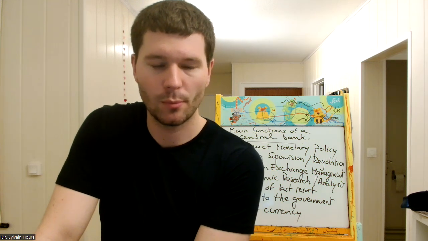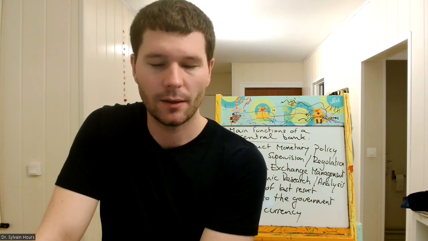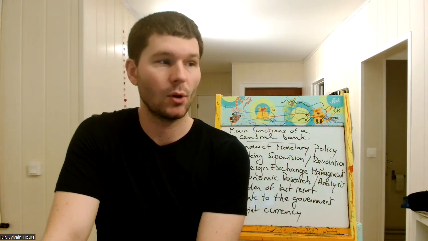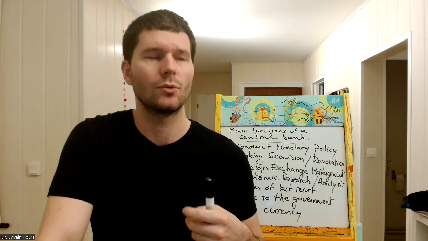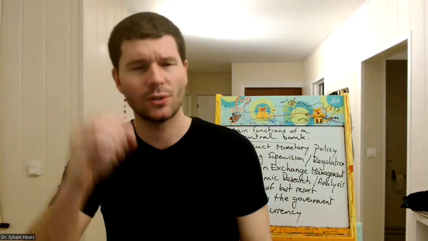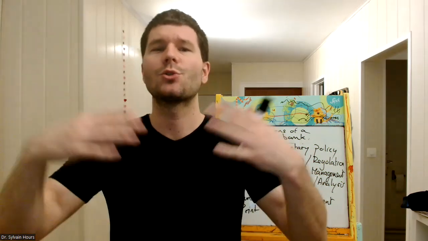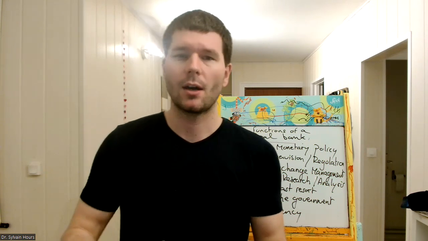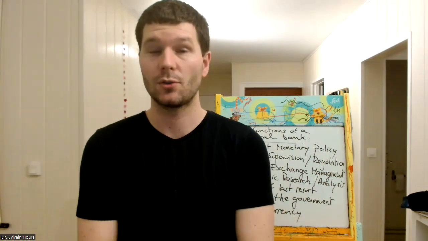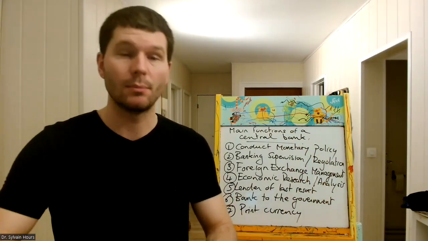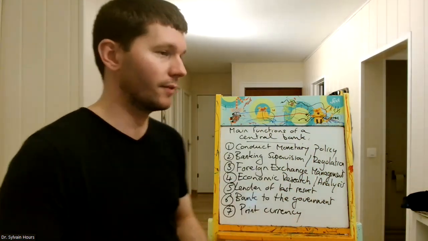Because if commercial banks start to offer interest payments on sight deposits, on demand deposits, it can start a competition between commercial banks where each of them is going to try to offer more and more interest on demand deposits to attract deposits, which is something that can reduce their profit margins and that can increase the instability of the financial markets. So, for example, in the US, the Federal Reserve has made it illegal for commercial banks to pay interest on demand deposits, because it is believed to ensure greater stability of the financial system.